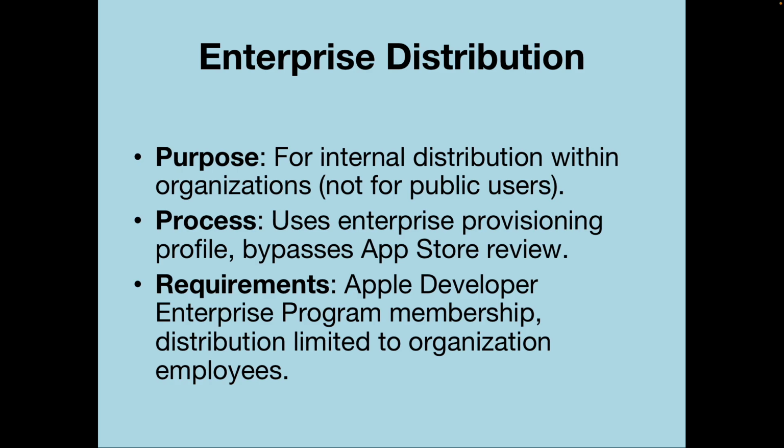So you can directly develop the app, create its app metadata, create the IPA file, and then directly upload it into your mobile device management software or system, and then directly push the app onto the testers' or employees' devices. So there is no need for the review process.